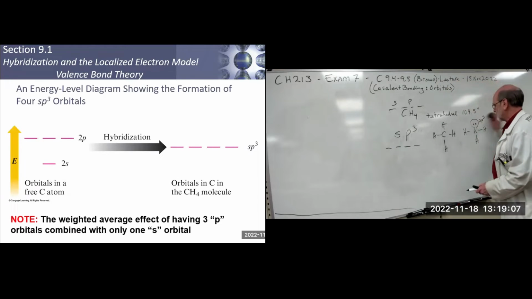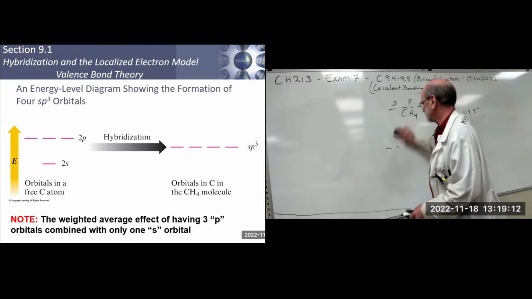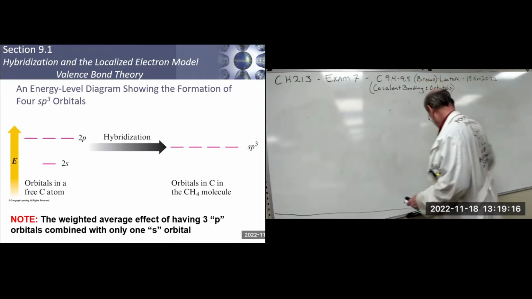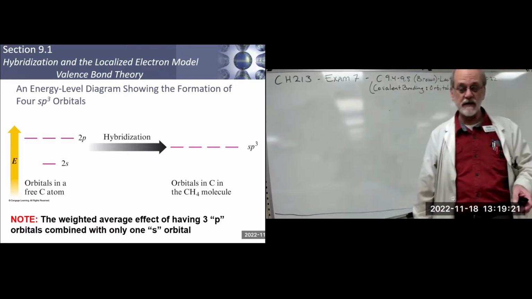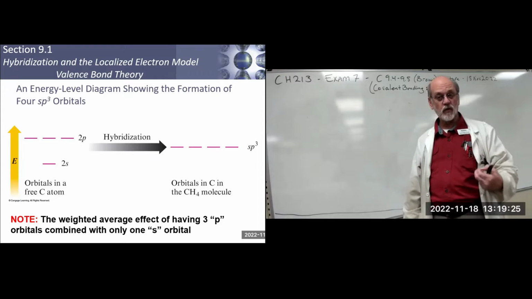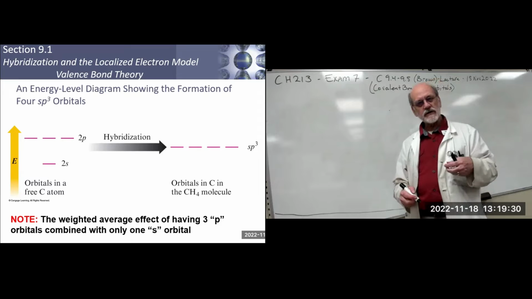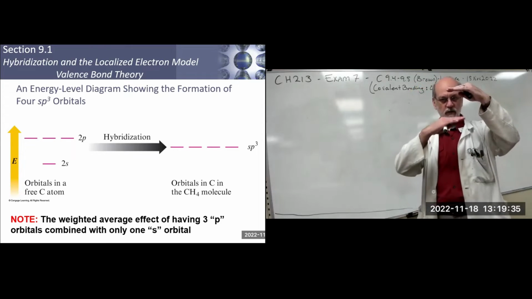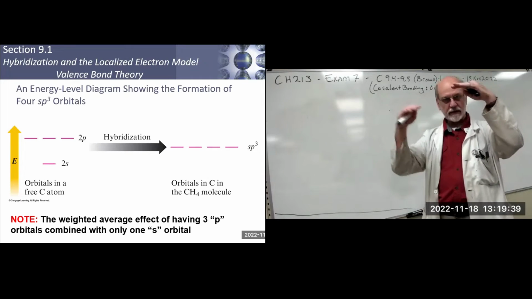This diagram is a semi-quantitative, or actually a qualitative expression of what is the energy level for these hybrid orbitals. Well, if the energy for the p orbitals is at this level and the energy for the s orbitals is at this level, then the hybrid orbitals are going to be somewhere in between.